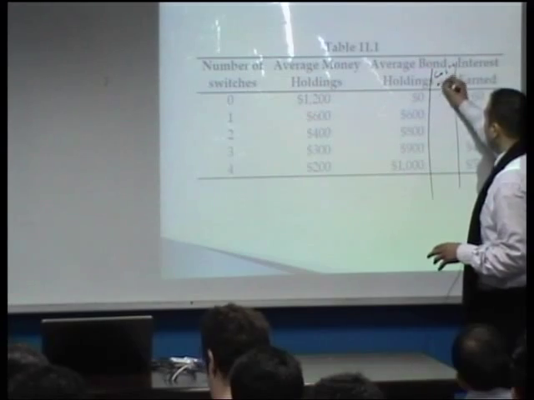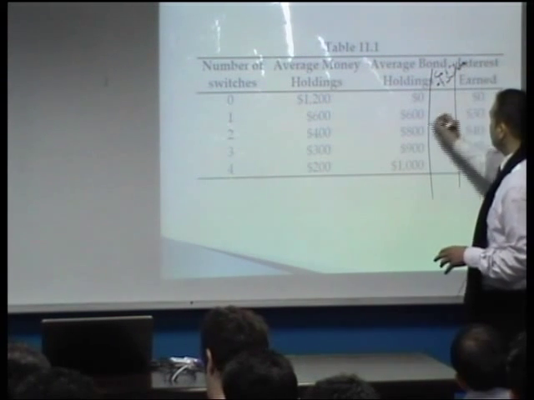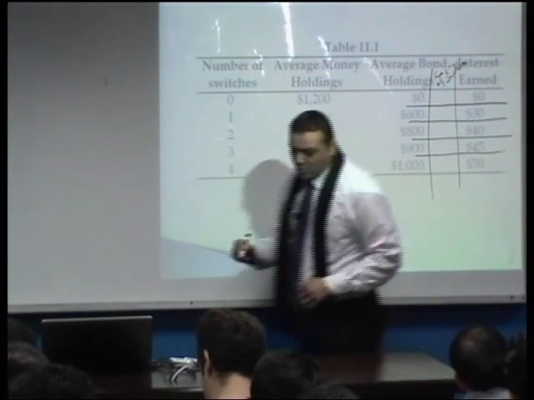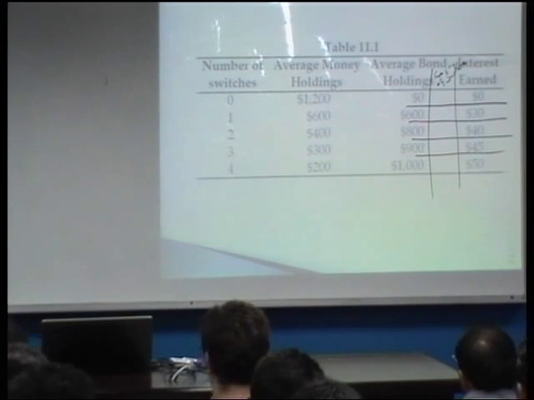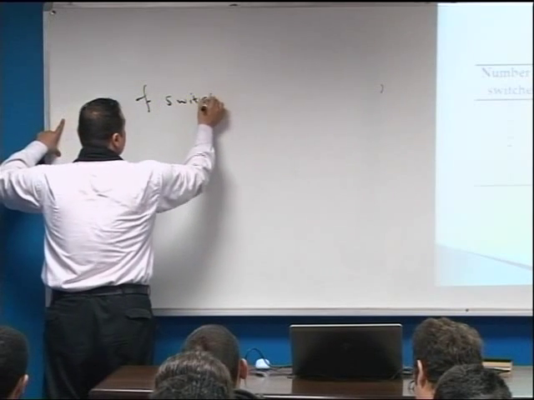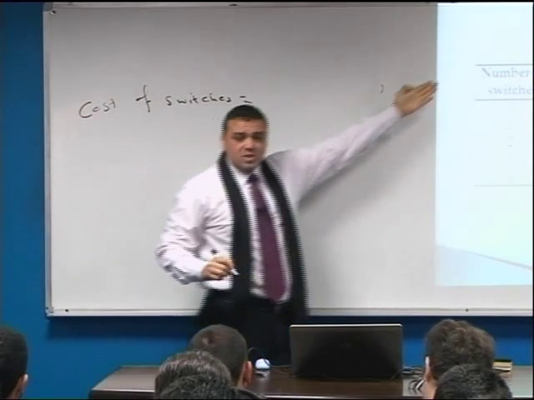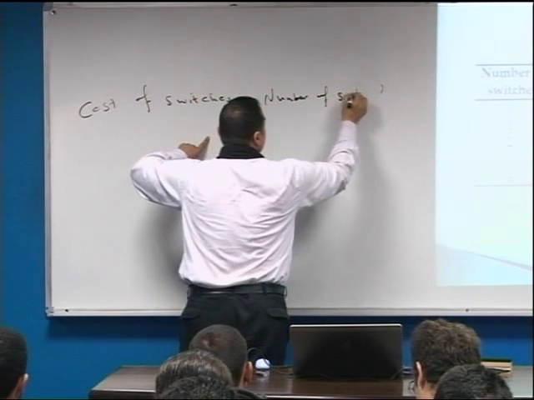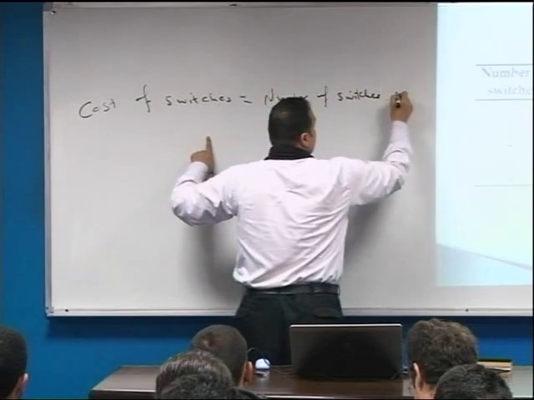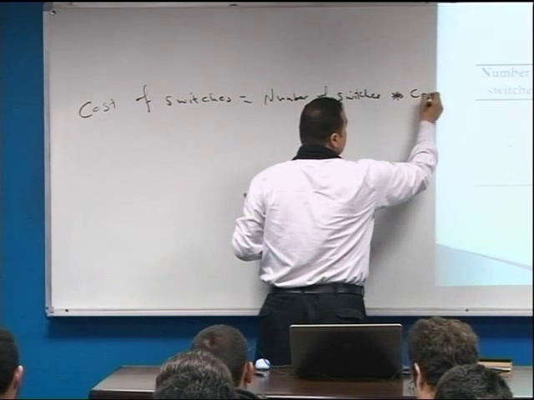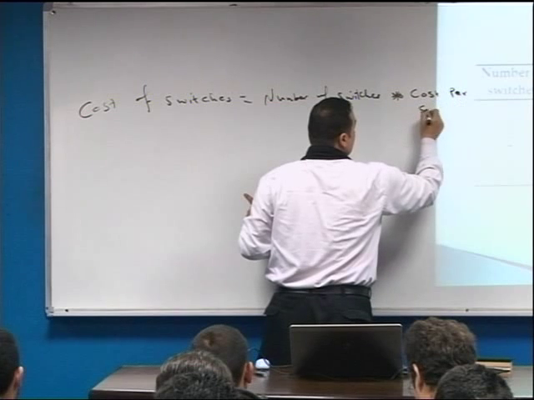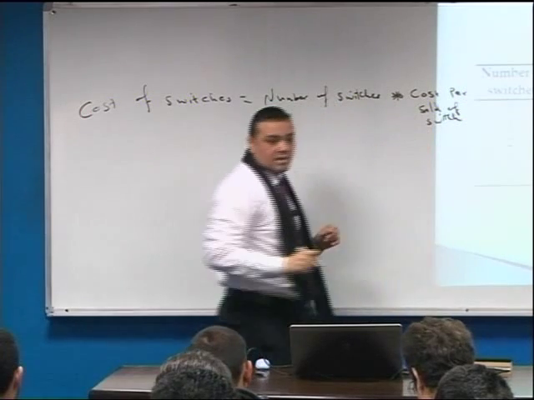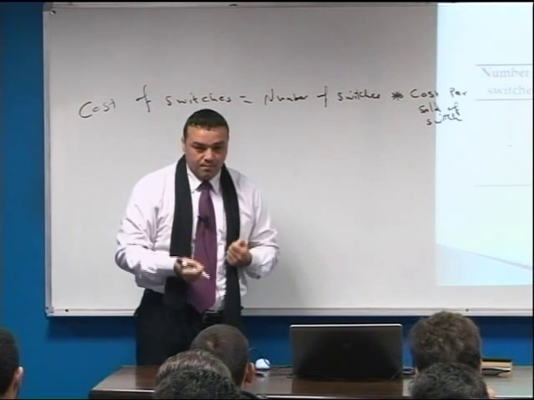So let's calculate the costs of switches. For the first case, the cost of switches equals the number of switches times the cost per switch, the selling cost per operation. Right?